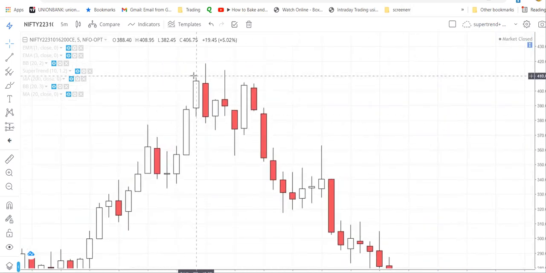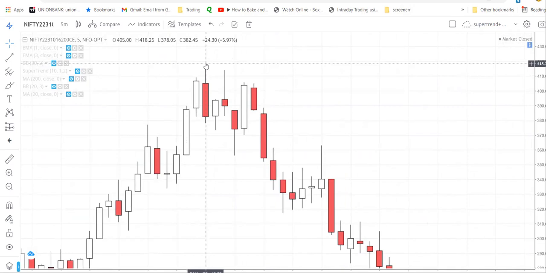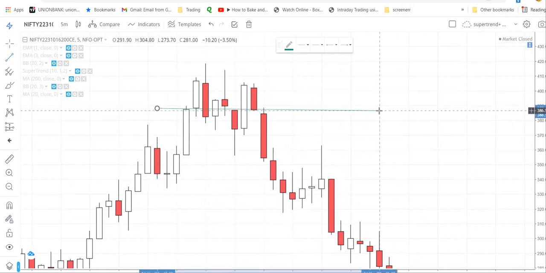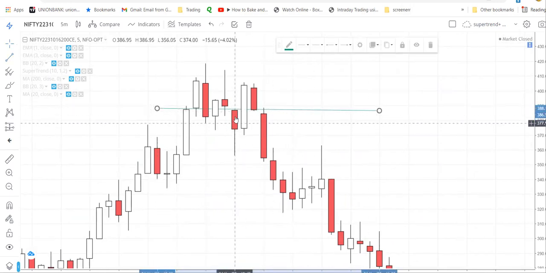See, it made a high, higher high, lower high, and this is the lower low and lower high, and this is the area where it has shown the change in behavior. This candle, this is the breaker candle, it has shown the change in behavior.